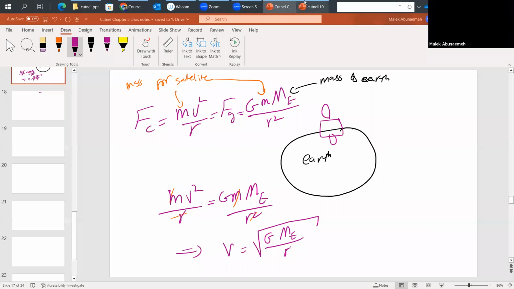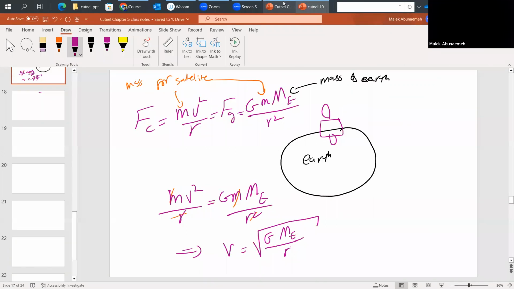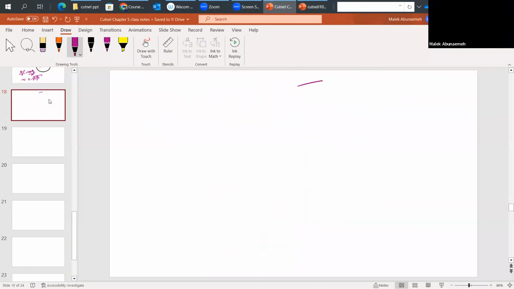So let's say we have a question: find the speed of the Hubble telescope orbiting at a height of 598 kilometers above the Earth's surface. The Earth's radius is 6.38 times 10 to the 6 meters. So let's go ahead and do this one. This is going to be example 9.